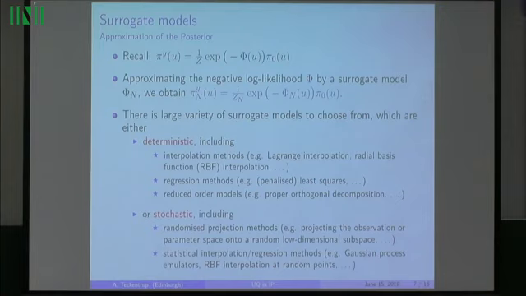Because you're doing this projection in a random way, there is some randomness in the construction of the surrogate model. A very big class of other examples is statistical surrogate models, such as Gaussian process emulators, where you automatically also get a random surrogate model phi n.